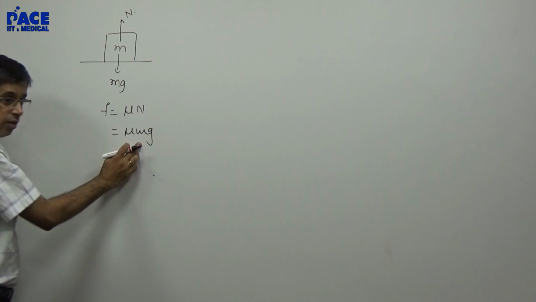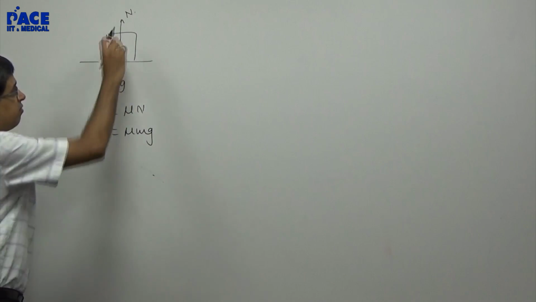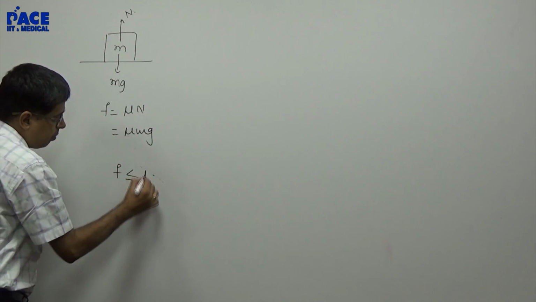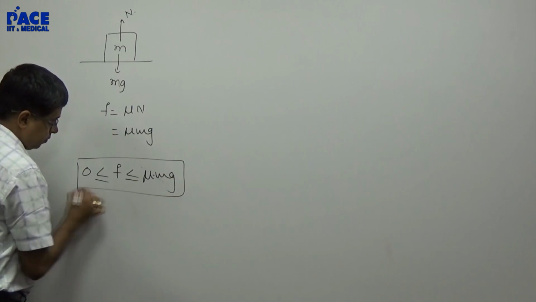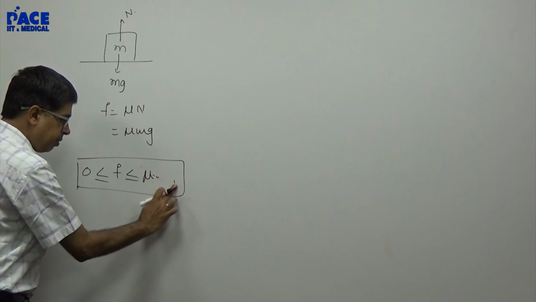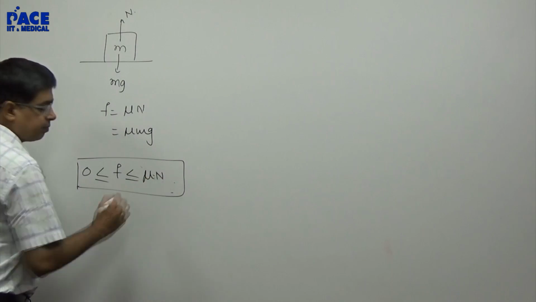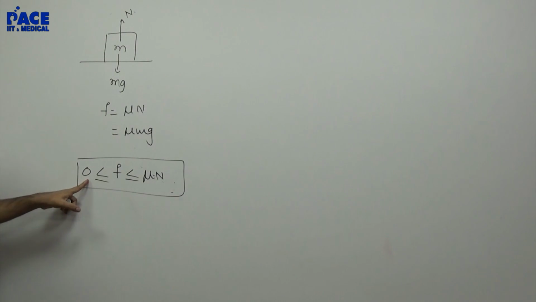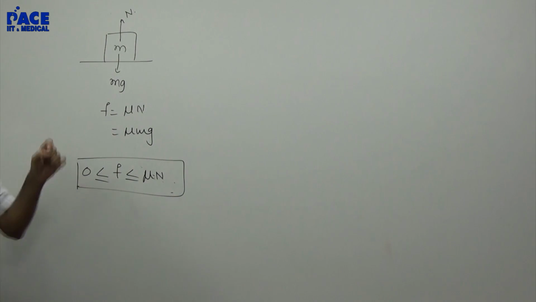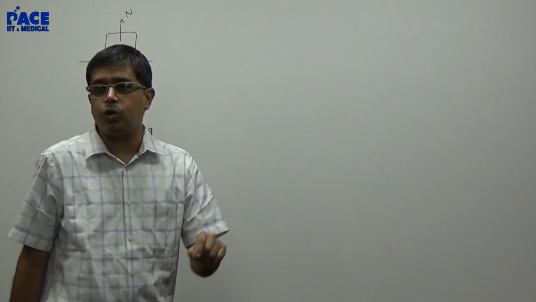This is the limiting value. That means actual friction acting on this block will be less than mu mg, greater than 0. This is the maximum value of friction, and the minimum value is 0. Friction can take any value between 0 and mu n.